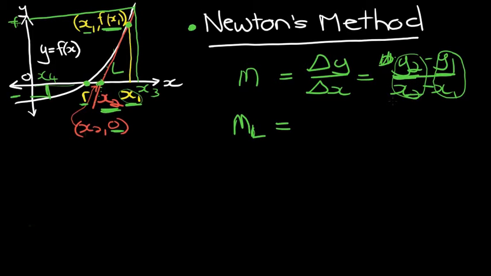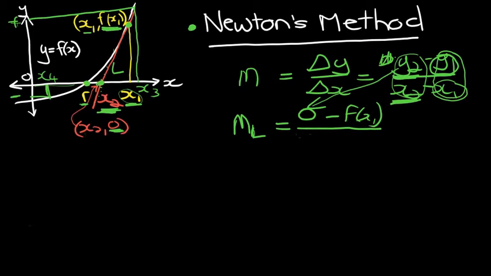Now the y2 corresponds to the x2, so in this situation we have the x2 there, so the corresponding y value will just be 0. So that y2 becomes 0, minus the y1, which is just the y value corresponding to the x1, and that's just f(x1), so you'll say minus f(x1) there.